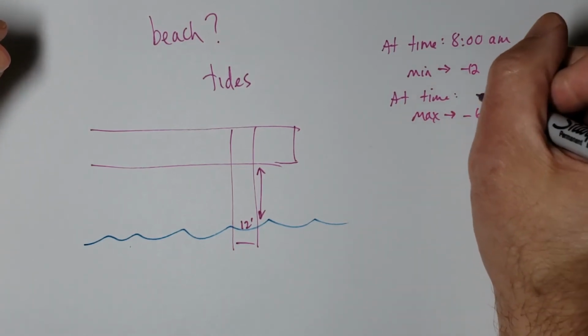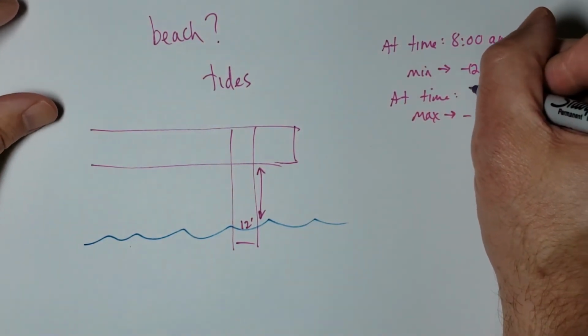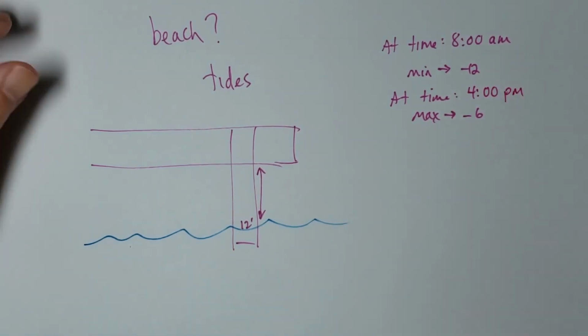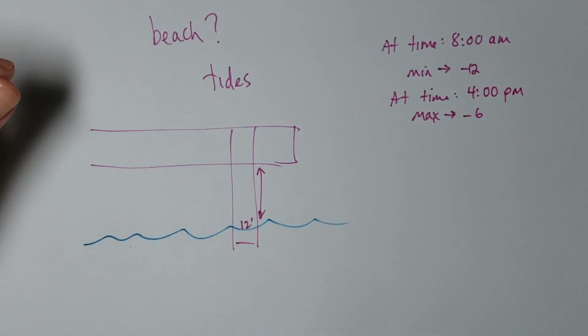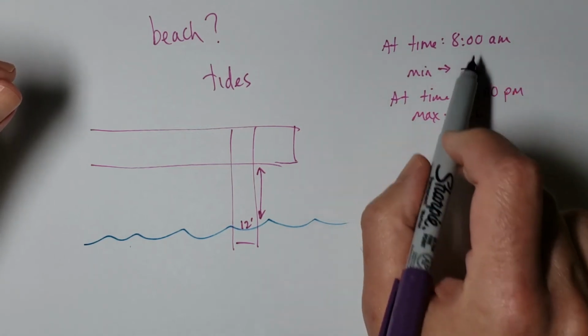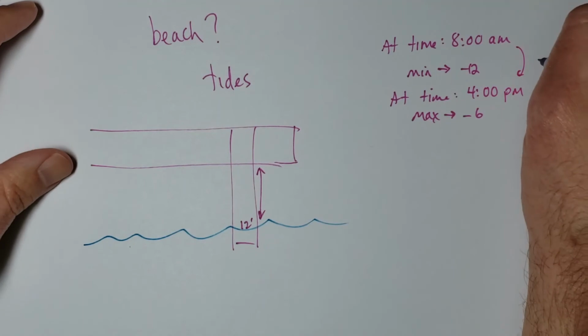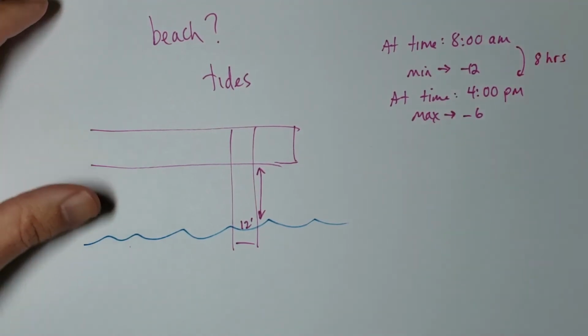Let's see, the time that it reached the top was 4 p.m. So to go from its minimum to its maximum, it was this distance, this time. That is 8 hours.